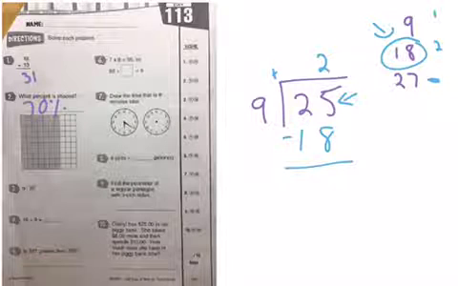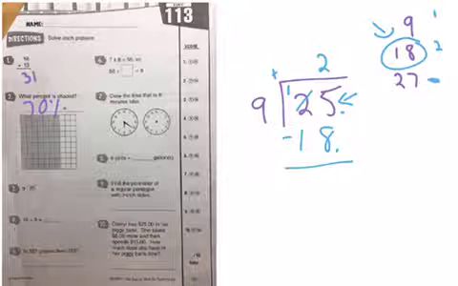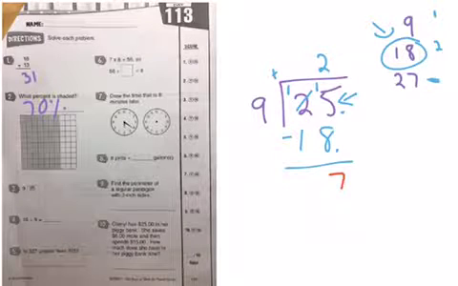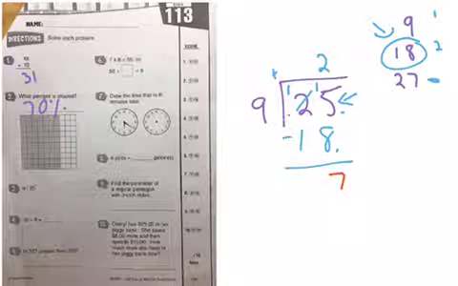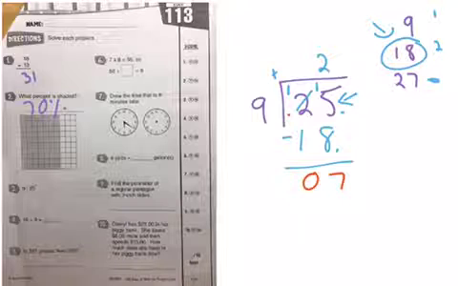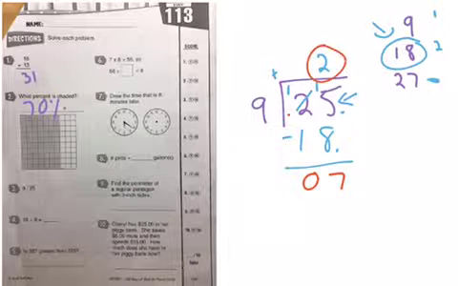I can't do 5 minus 8, so I have to borrow from my tens column. Now I do 15 minus 8, and I know that 15 minus 8 is 7. 1 minus 1, those would cancel out, be 0. So I have an answer of 2 with a remainder of 7.